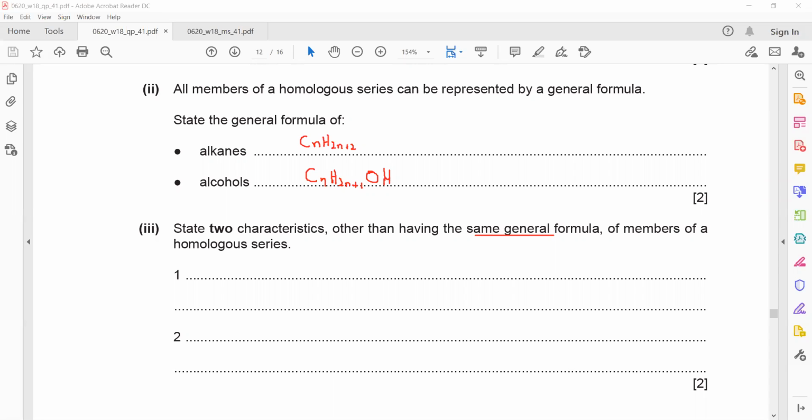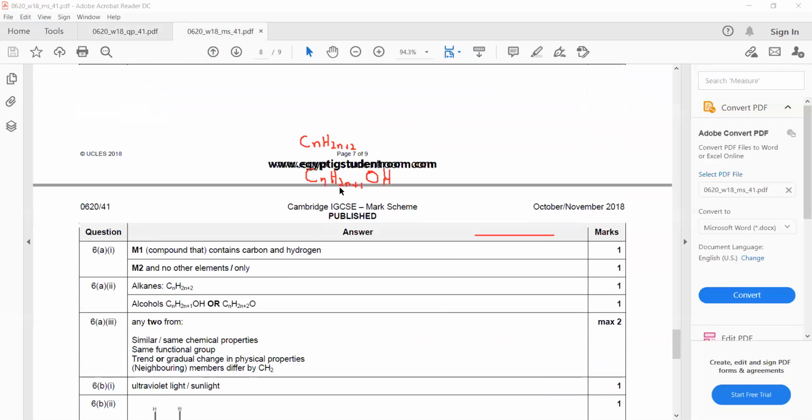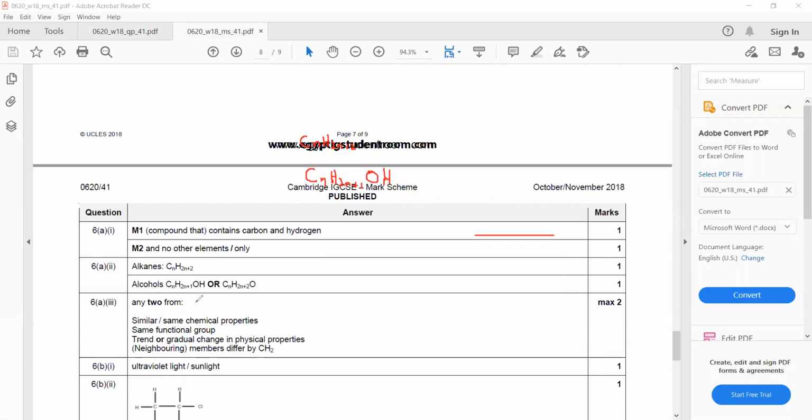Yes, each member differs by CH2. That's right as well. You can see the similar chemical properties, same functional group, physical properties gradually change, each member differs by CH2.